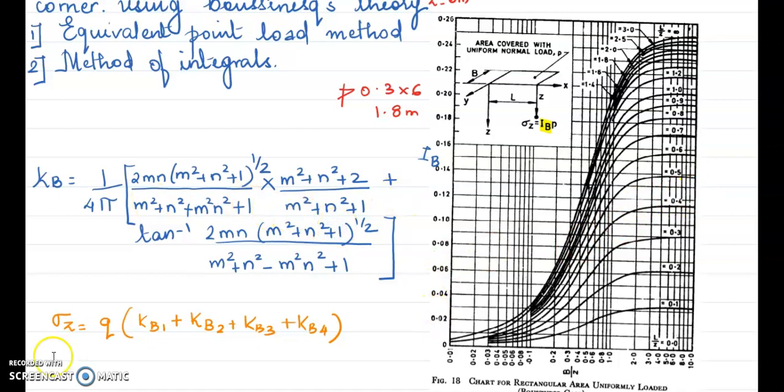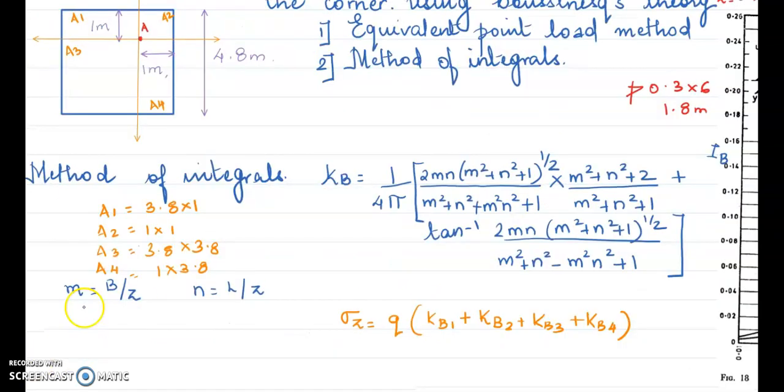So let's go back to our problem. I am dealing with area A1 with dimensions 3.8 by 1. My M will be B by Z, where I'll keep B as the smaller dimension.